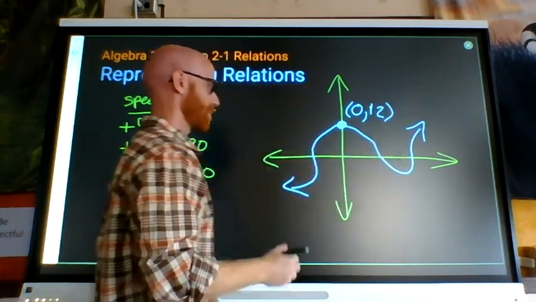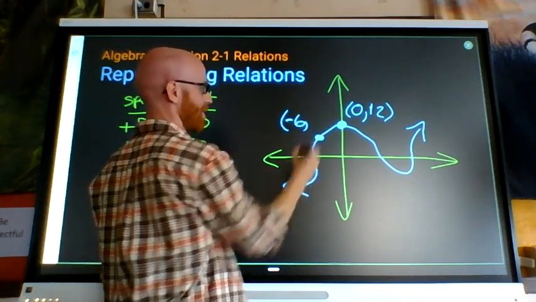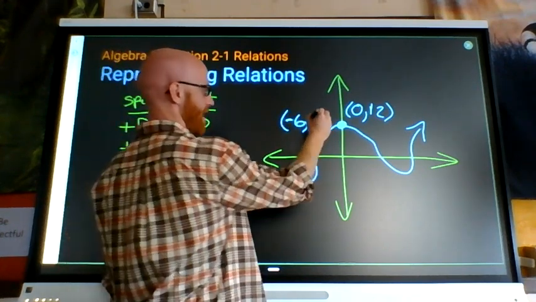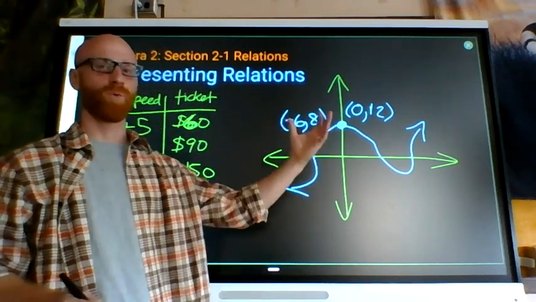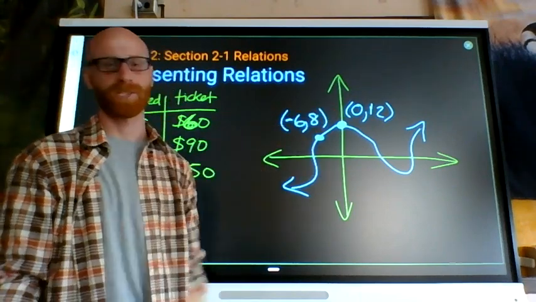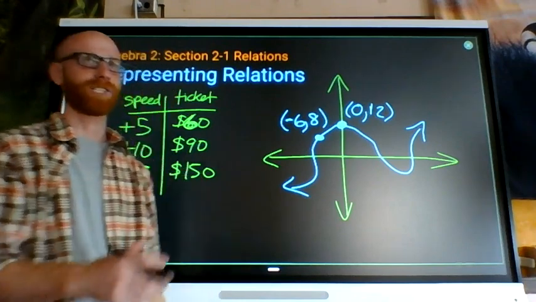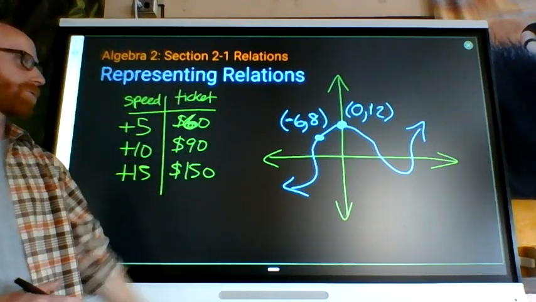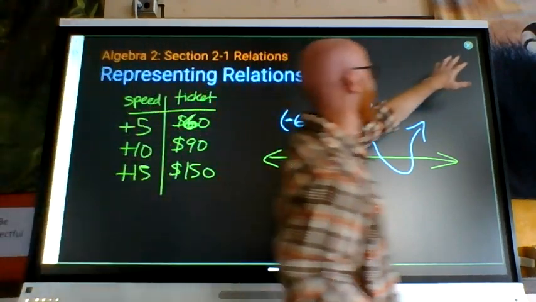For example, when x is -6, y is 8. So a graph can show a rule or relationship, a connection between x's and y's. Ordered pairs, which I just put up there, are another way to show connections between x's and y's, two different sets of values.